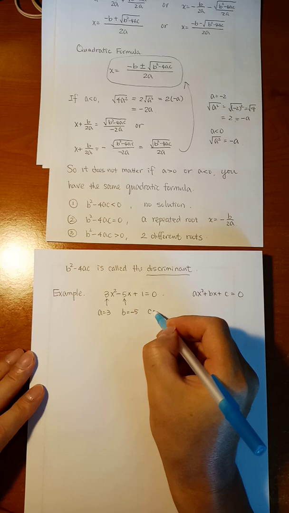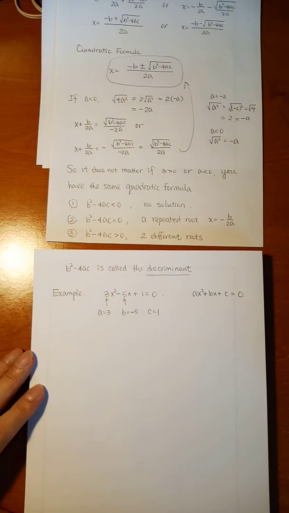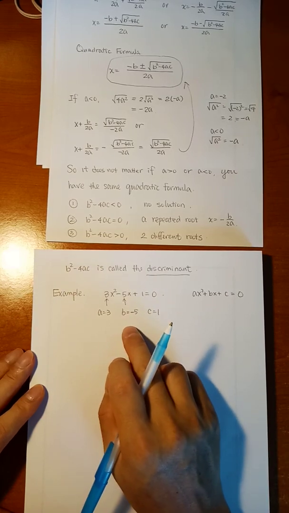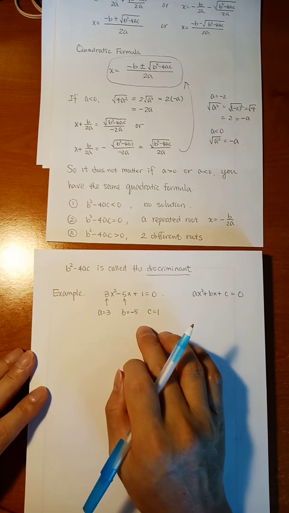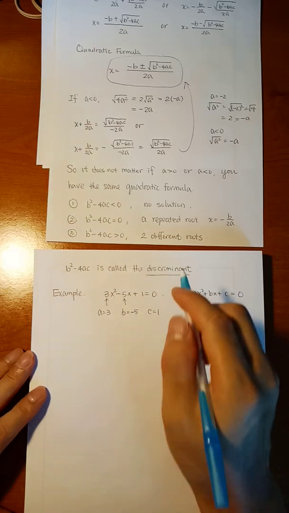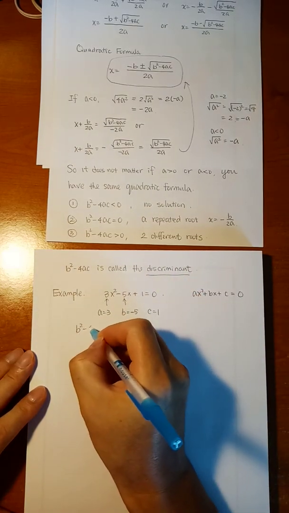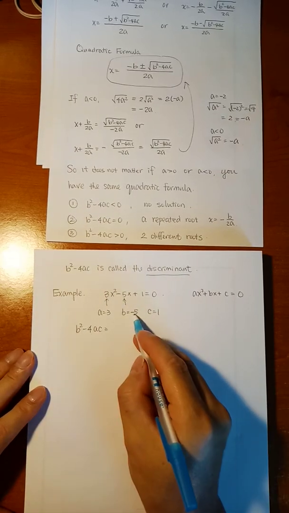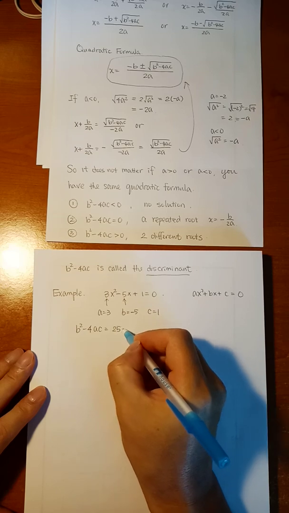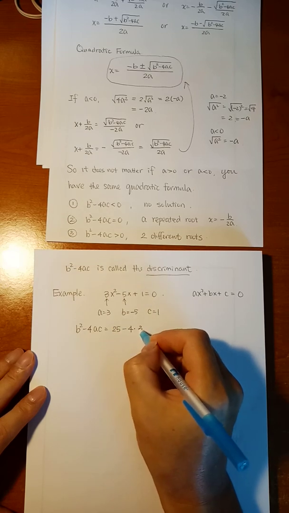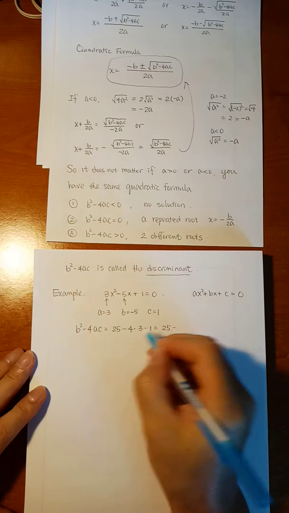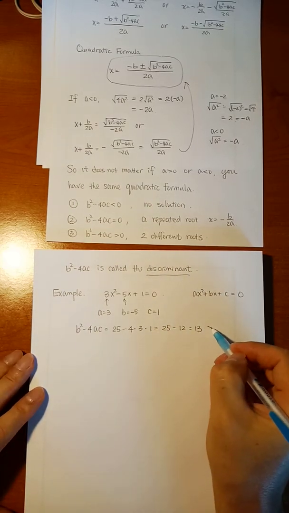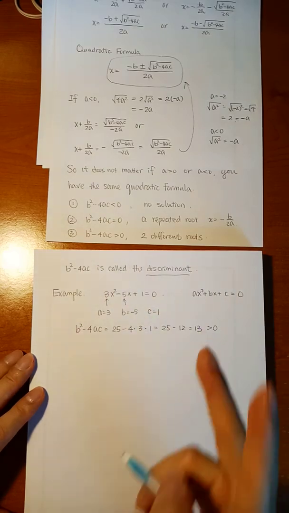B is negative 5 and c is 1. Whenever you're trying to apply the quadratic formula, you need to examine the discriminant. Negative 5 squared is 25, minus 4 times a times c, 25 minus 12 is 13. Okay, it's positive, so the equation has two different solutions.